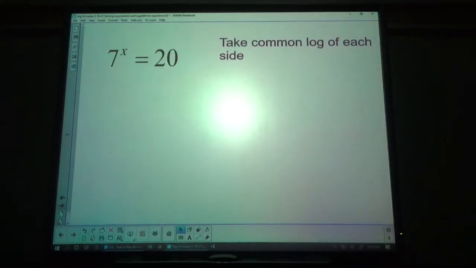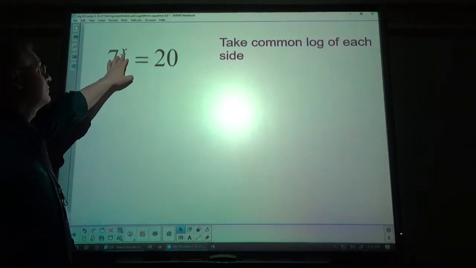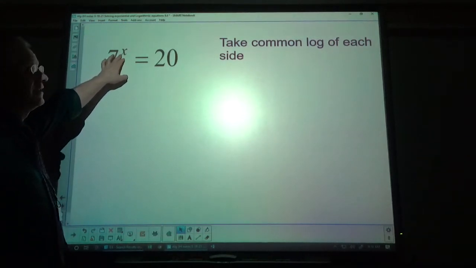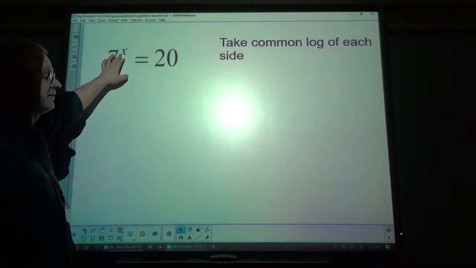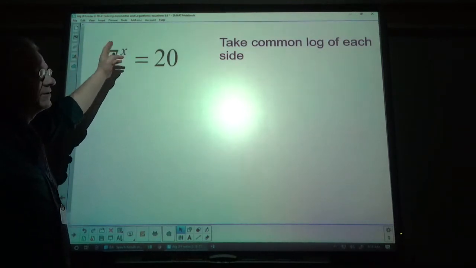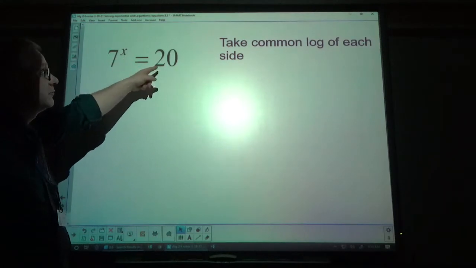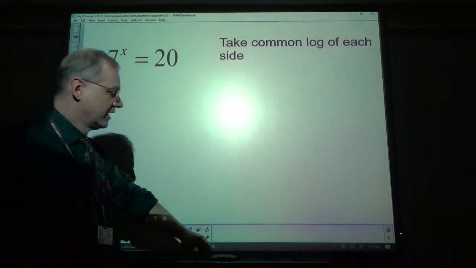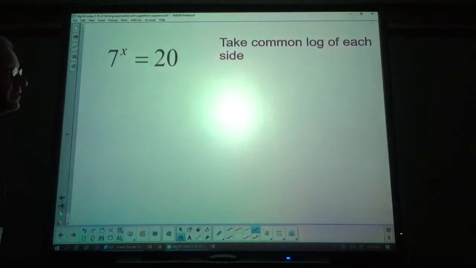Now, if we have a problem like this, where we have a number to a power, and the power includes a variable, and it equals a number, I can do something called taking the common log of each side.